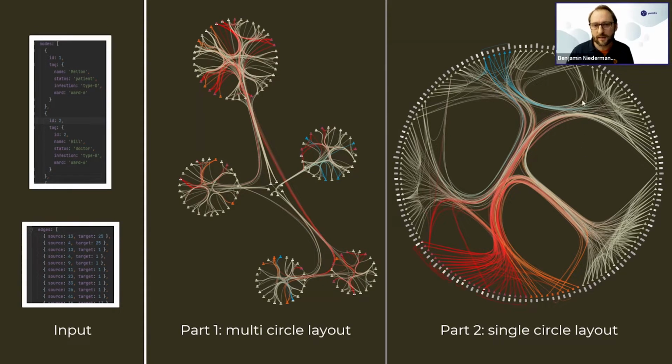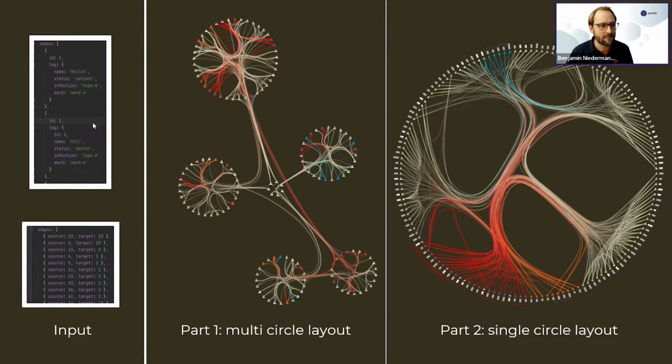And then in the second part, I will show how to use a single circle layout to bring all these partitions together into one circle, but still that you can get some information from this huge amount of data.